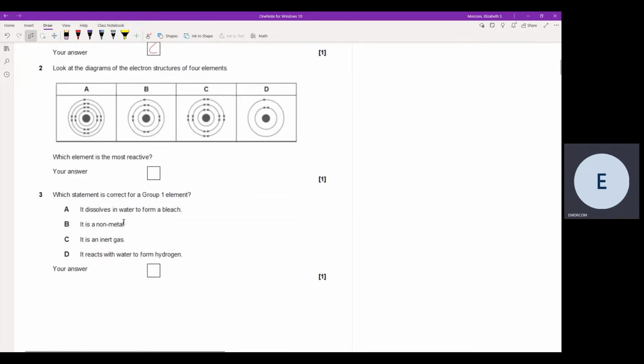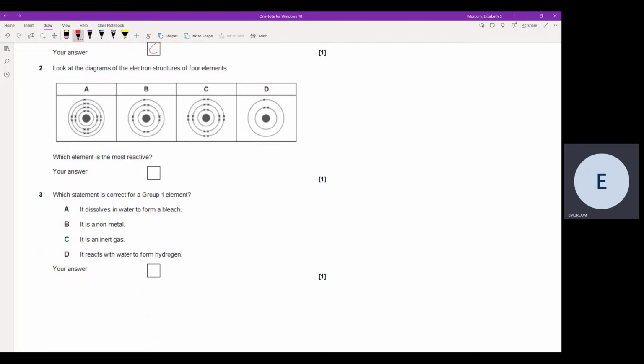Question 2. Look at the diagrams of the electron structures for 4 elements. Which element is the most reactive? The first thing we're going to want to do is look at how many electrons there are in the outermost shell of each element, because that's going to tell us how these elements react. And in all cases but one, there's only one electron in the outermost shell. So A, B, and D have 1 electron in the outermost shell.